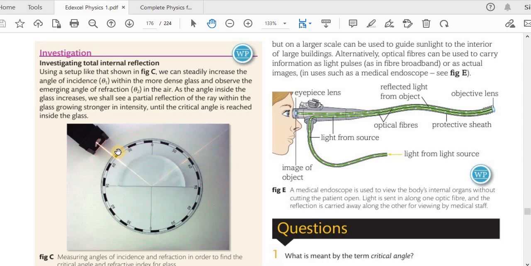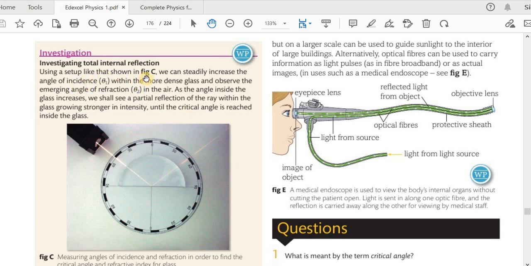And by the way, there is no refraction here or here, because the ray strikes this boundary, this interface, perpendicular to it. It's coming along the radius. Remember, radius and circumference of a circle are perpendicular to each other. This is 90 degrees, so it passes straight through without any refraction, even though it's going to the other media.